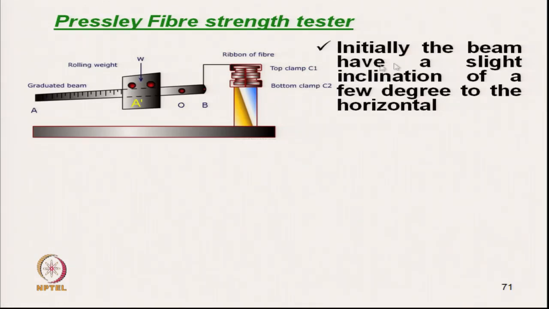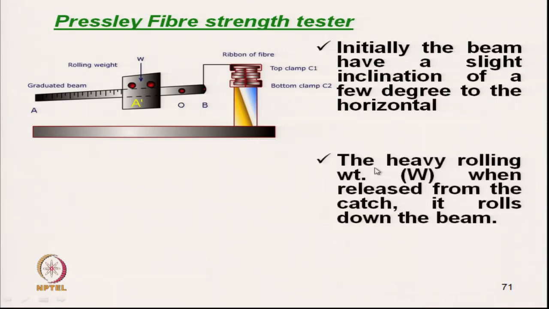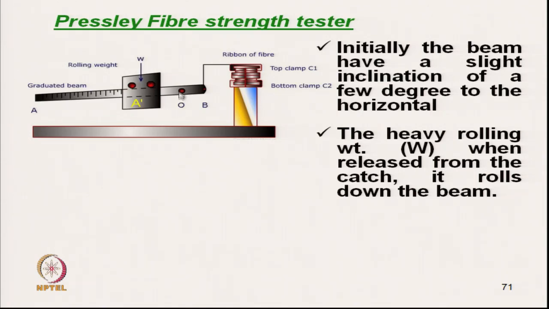Initially the beam has a slight inclination, a few degrees, so that once this dead weight is released, its tendency is to slide down. It is a heavy rolling weight with a roller.